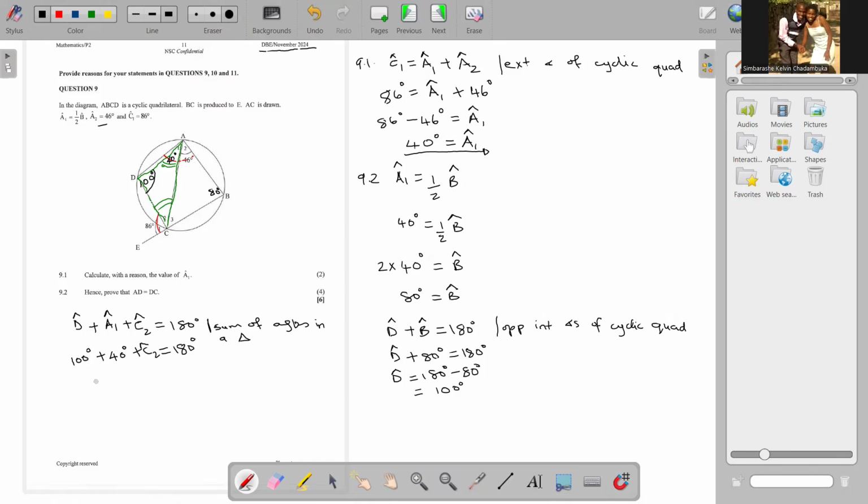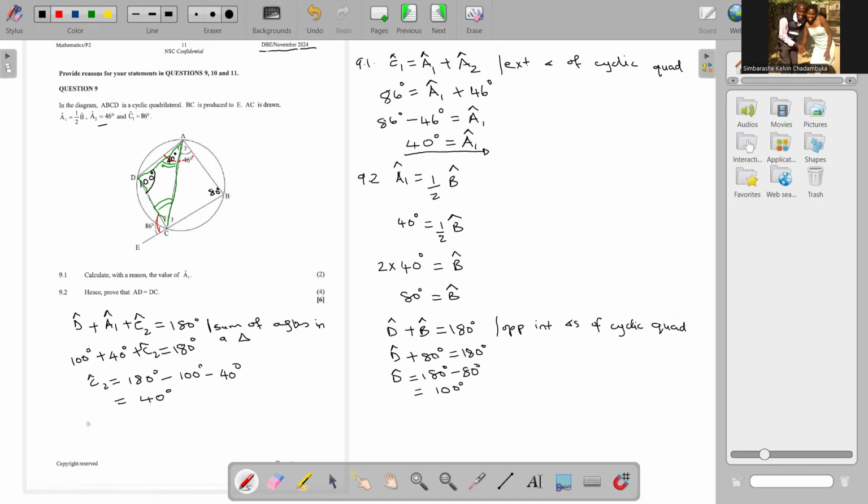Then leaving C2 alone, C2 is equal to 180 degrees minus, when you transpose the 100 there, 100 degrees minus, transposing the 40 there, which is going to give us an answer of 40 degrees, which we said initially that we have to prove, that this angle C2 is equal to that angle 1.